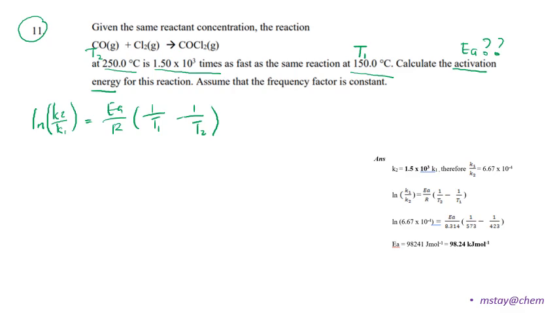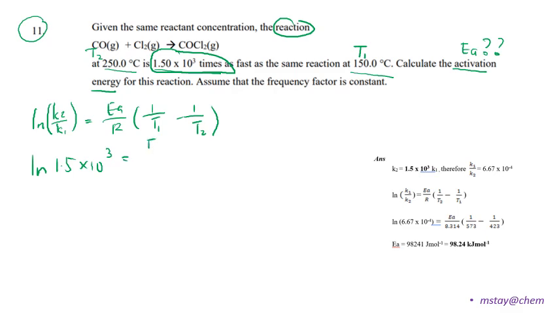They tell us that the reaction is 1.5 exponent 3 times as fast as the same reaction. So here we can simplify that the rate of reaction at T2, which is higher, is higher than at T1.